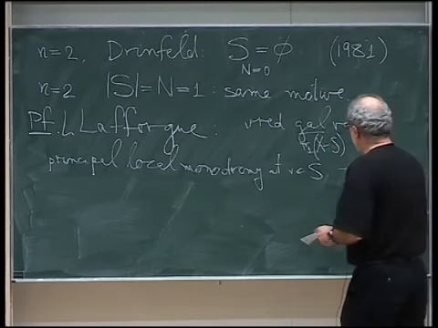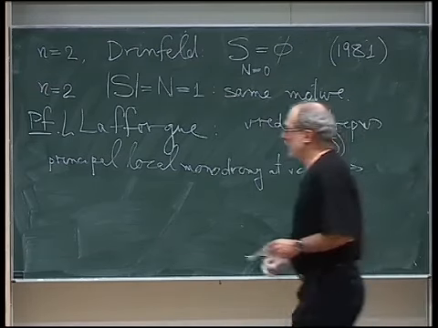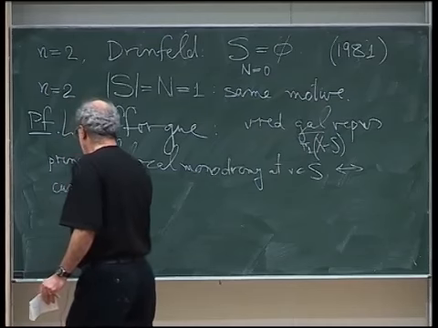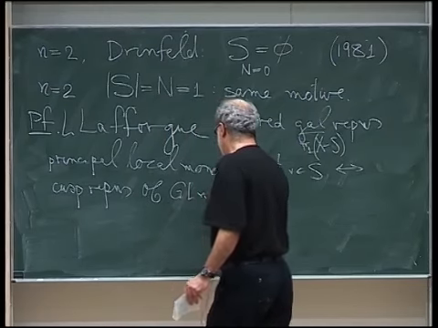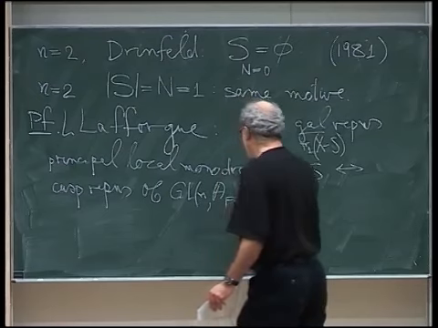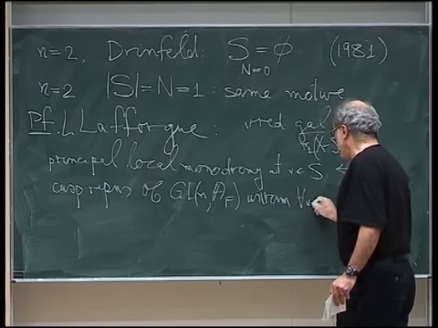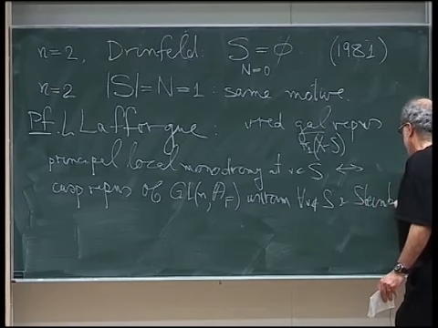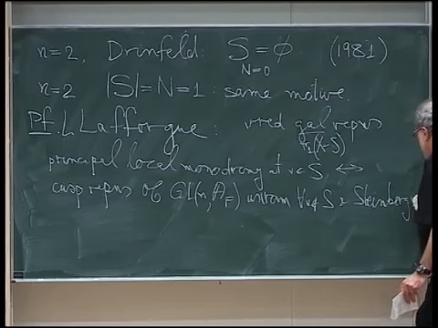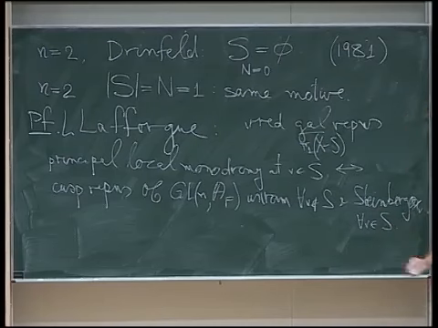And what he said is that there is a bijection between the set of such equivalence classes of representations with cuspidal representations of the group GLN, which are unramified for every place outside of S, and they are Steinberg twisted by an unramified character for every place in the finite set.